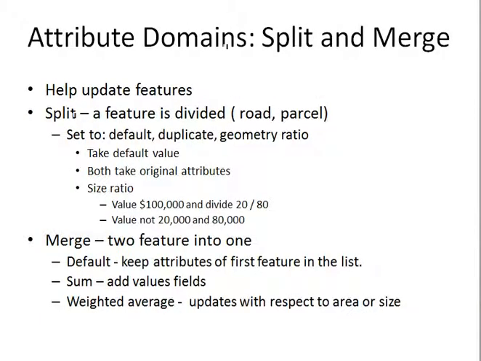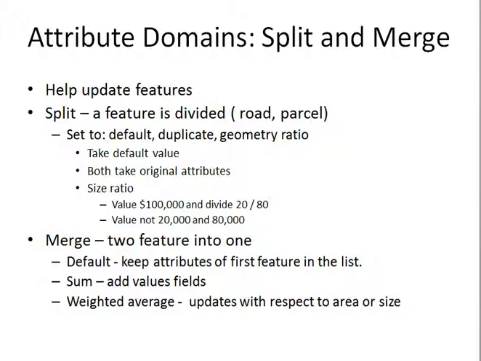You can also set up some behavior rules like split and merge, and that's useful for updating features. So let's say I have a road or a parcel and I need to split a section of it. There's been a landslide and we've lost a piece of the highway and we're not going to rebuild it, so I need to split that road where the landslide occurred, and then I need the geometry or the attributes to update, and I can set those values.